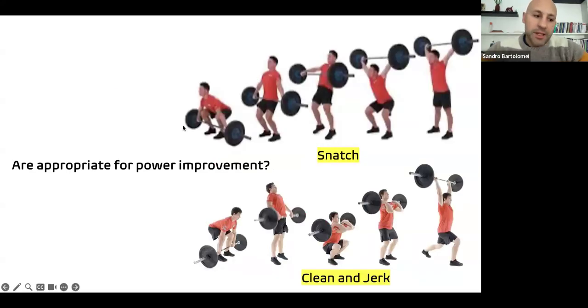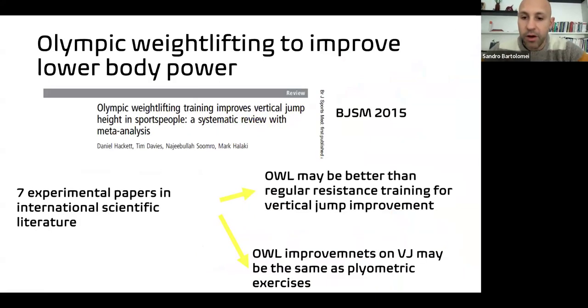What about snatch and the clean and jerk exercises related to weightlifting? As we said, in order to lift the bar using that technique, the speed of contraction should be very elevated. And this may have an effect on power, on jumps, for example, and on quick muscle contractions.